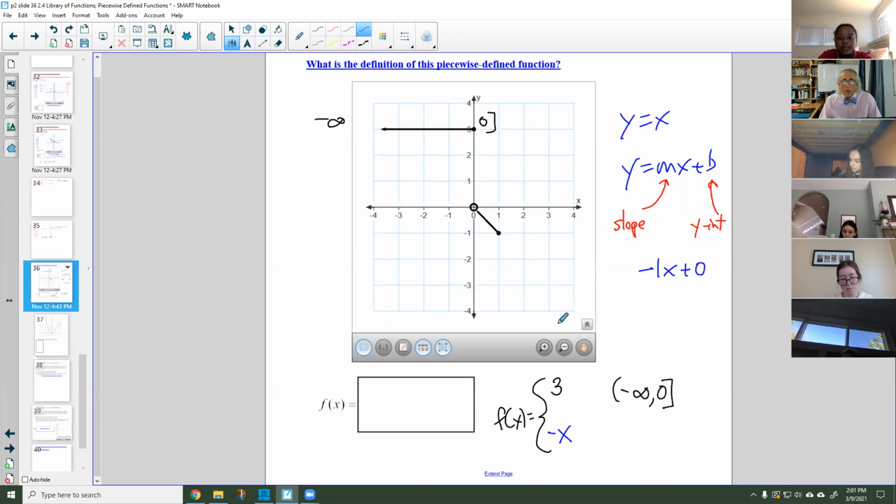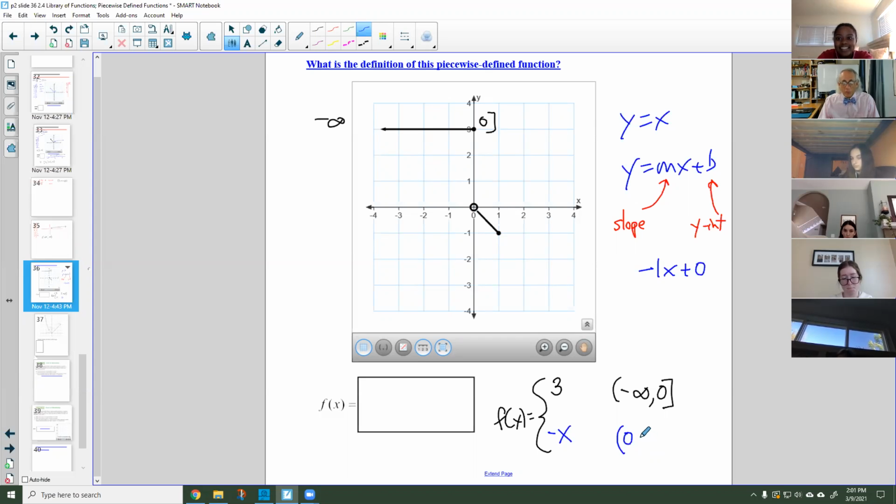Not included. It is not included because it is an open circle. So I go 0 here. And Mia, what is the farthest right value of that function? -1. Look again.